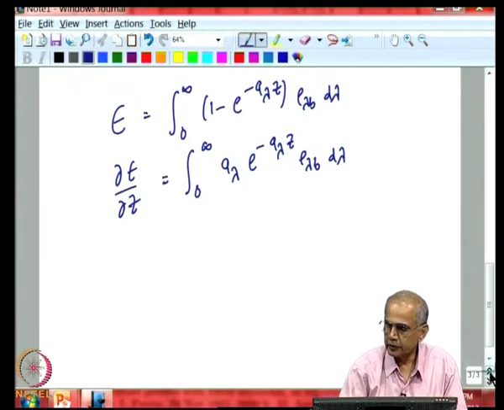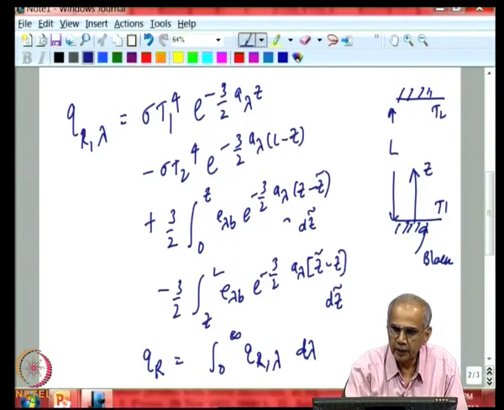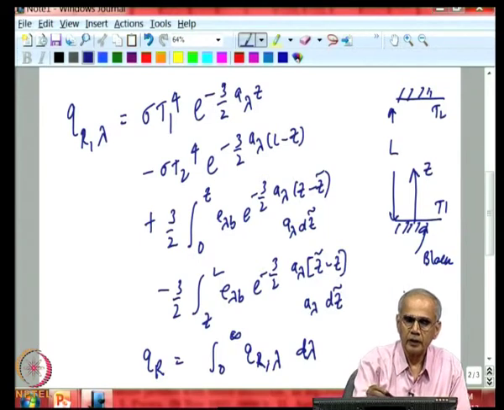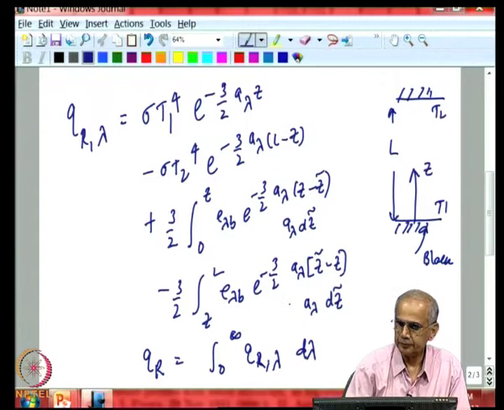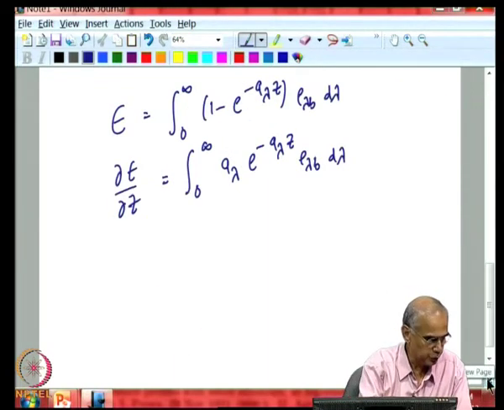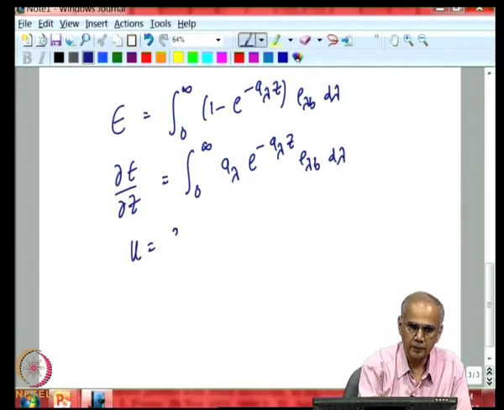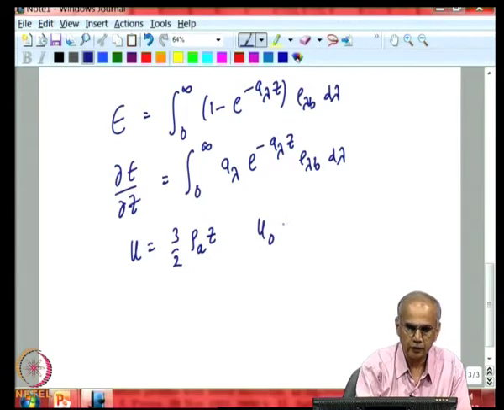So, if you go back to the previous equation, I must remind you that the a lambda is here, which I did not include. So, you can clearly see that you can replace this by 1 minus epsilon after wavelength integration, and these can be replaced by d epsilon dz. And finally, we are going to use u, assuming a homogeneous medium.